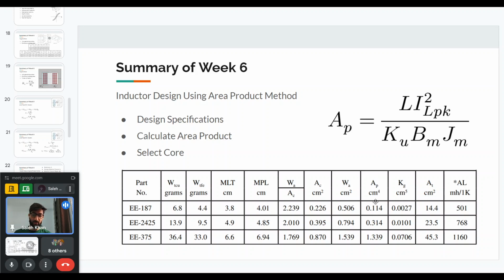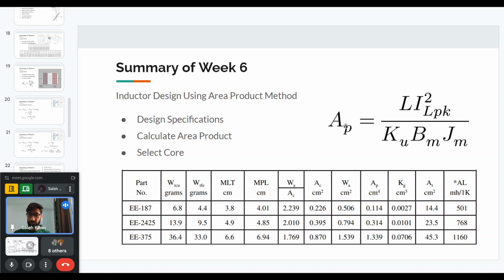The area product of the core that we choose should be equal or slightly higher than the area product that we get from our calculations. If it is lower, that means the core cannot handle this much energy. That is why it should be equal or slightly higher than the calculated value.